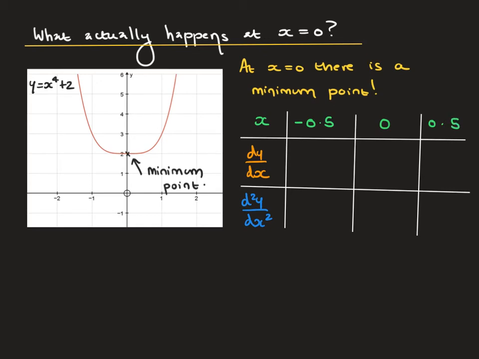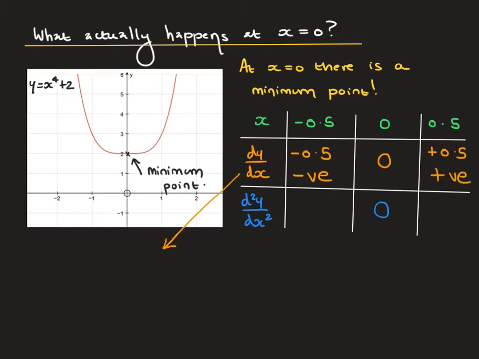Now at x equals 0, we know that the first derivative is 0 and we know that the second derivative is also 0. But what happens at x equals negative 0.5 if we substitute into the first derivative? Well, we find that at negative 0.5, dy by dx is negative 0.5, so a negative value. At x equals 0.5, the first derivative is positive 0.5, so a positive value.